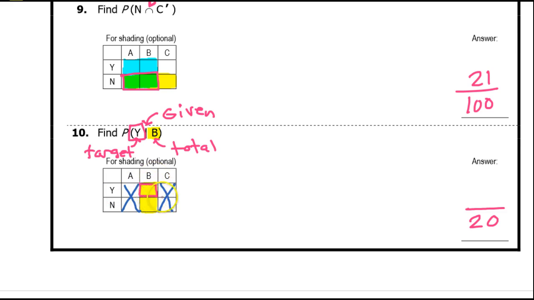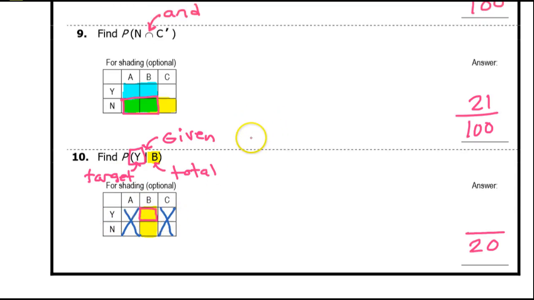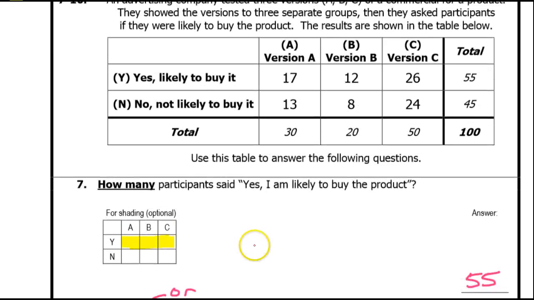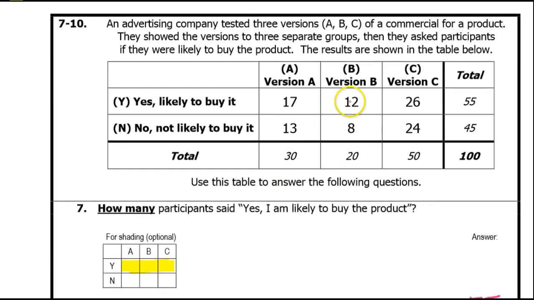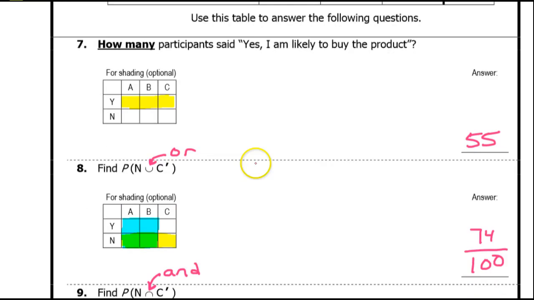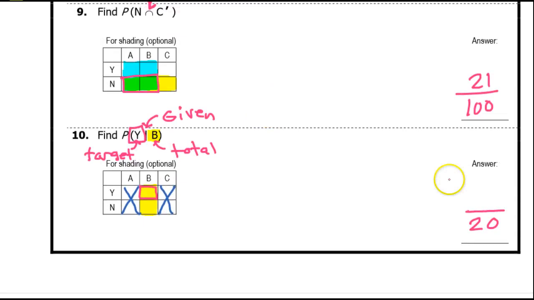That's why we cross it out, so we wouldn't be tempted to use those numbers. So the only remaining Y part is this number right here, and that's going to be the target. So that is going to be 12. So that's why it will be 12 out of 20.